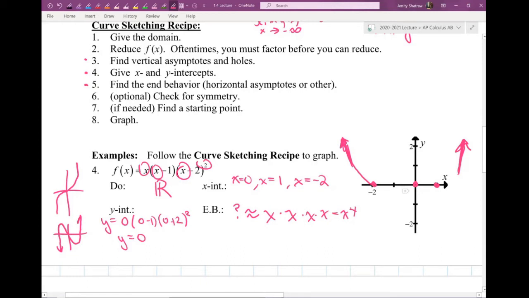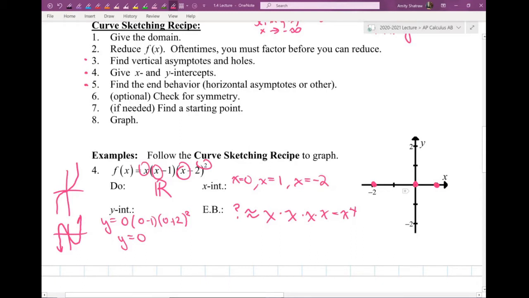And here's why. Whenever you have a factor that has to come back around to another point, and here, let me try the other side. So from the other side, I know that I'm going to positive infinity, but I can't cross over the x-axis, right? Okay, so how do I graph this?